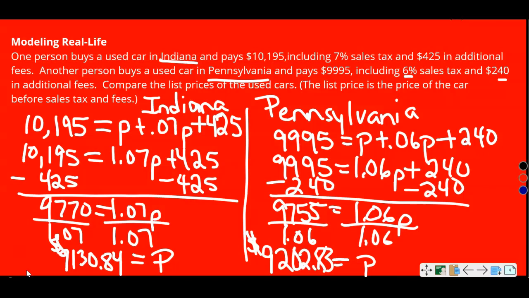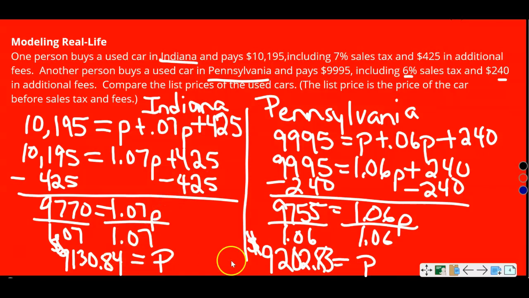If you compare the two prices, I can take the price of one and subtract the price of the other. So if I do $9,202.83 subtract $9,130.84, I can say that the car in Pennsylvania cost right at $72 more. So it'd be $71.99 more. So it cost more to purchase this car in Pennsylvania than it did in Indiana. All right, go back and look at the question. Compare the list prices of the used car.